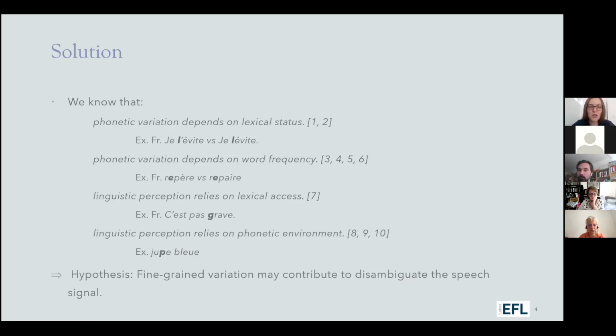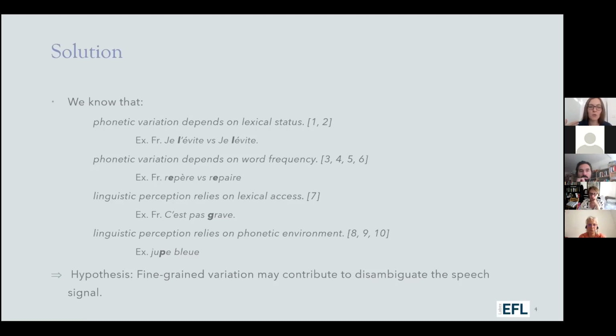So for example, if I say jupe bleue with a p that is voiced, excuse me, because of the following b, it's easy to retrieve that it's actually not a b. I didn't say the word jupe, that doesn't exist in French, but actually jupe, that was mispronounced because of the following environment.